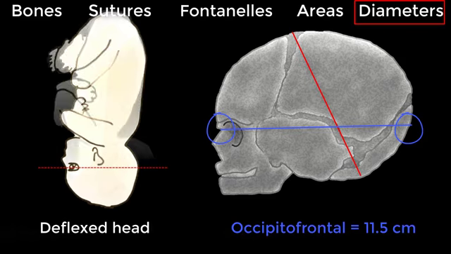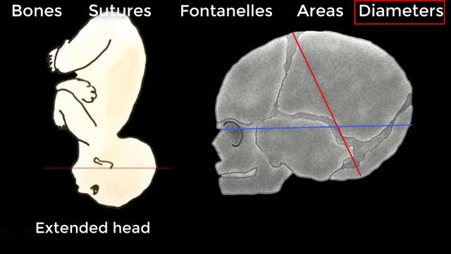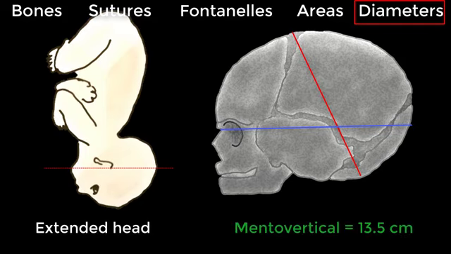With extended head, the presenting part is brow, and the presenting diameter is mento-vertical, which extends from midpoint of the chin to the highest point on the sagittal suture. It measures 13.5 centimeters.